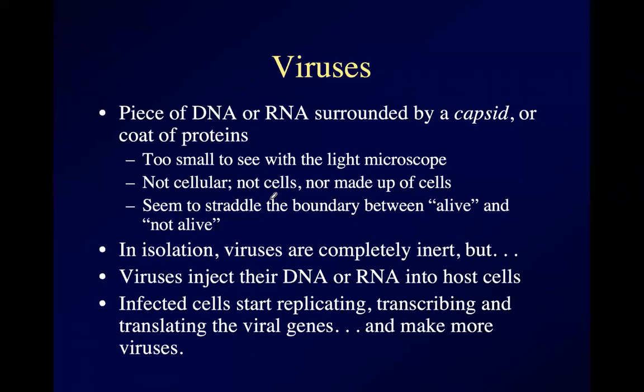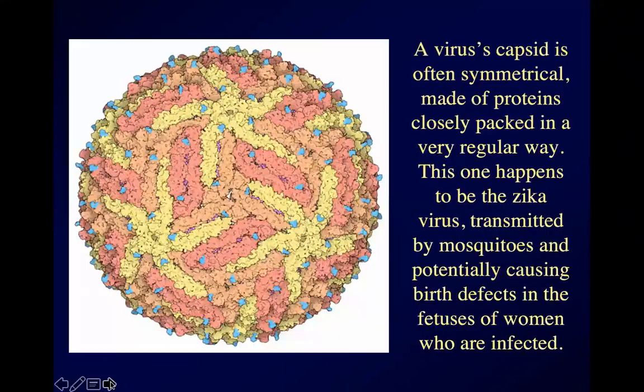What a computer virus does is turn your computer from a machine for writing your term papers or playing, I don't know, God of War or whatever it is that you do. It turns that computer into a machine for making more copies of the virus and spreading them to other computers. Biological viruses work in an analogous way.